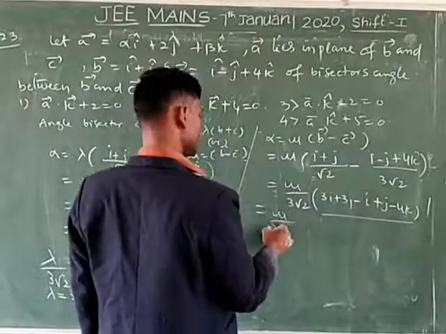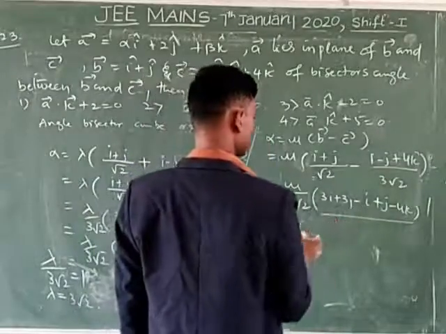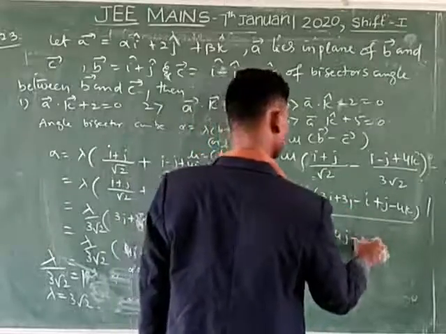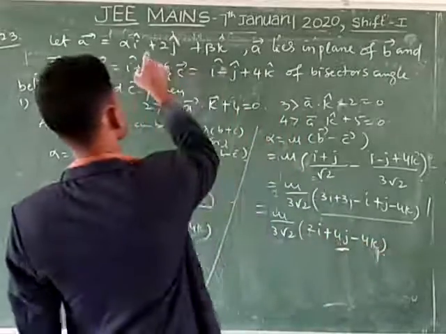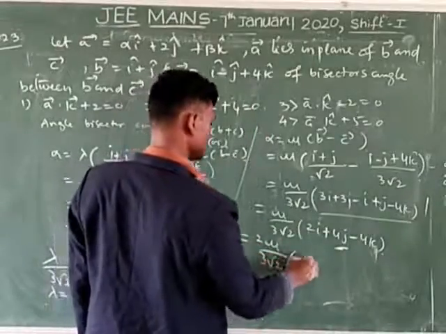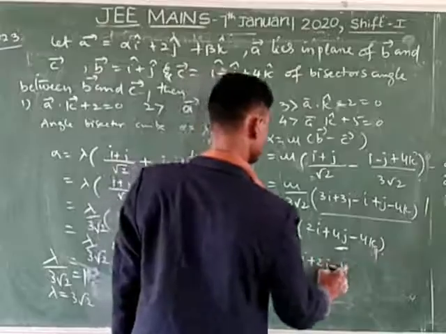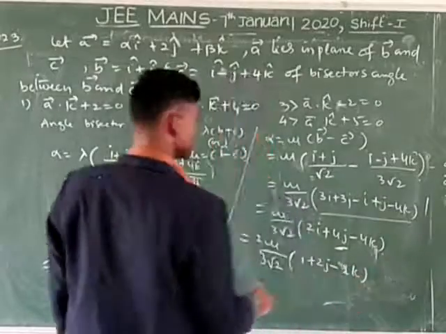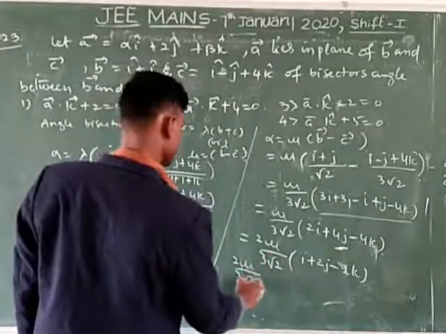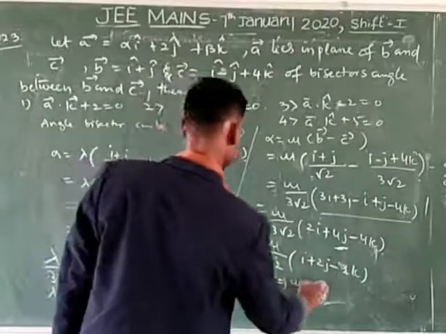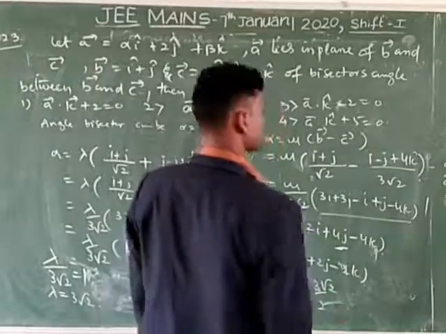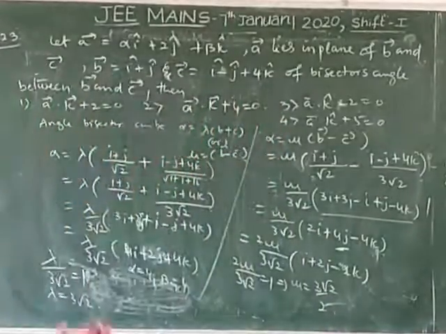Then mu by 3 root 2 into (2i plus 4j minus 4k). But here the j value is equal to 2, then you have to take 2 common. Then 2 mu by 3 root 2 into (i plus 2j minus 2k). Now see here, this one is equal to 1: 2 mu by 3 root 2 is equal to 1. Then mu is equal to 3 root 2 by 2. Now I'll drop this one this side.